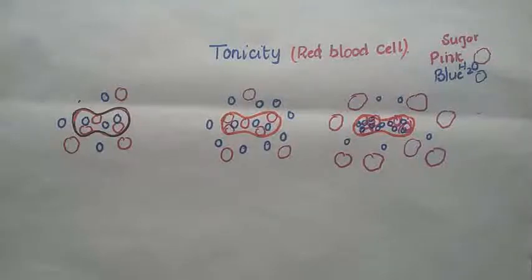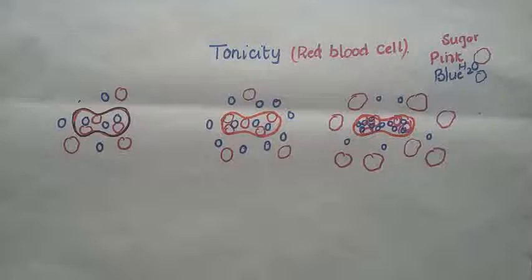Depending on the type of the solution surrounding a plant or an animal cell, that determines the direction in which the water is moving. You may find no movement of water molecules, or water moving into the cell, or water molecules moving out of the cell.